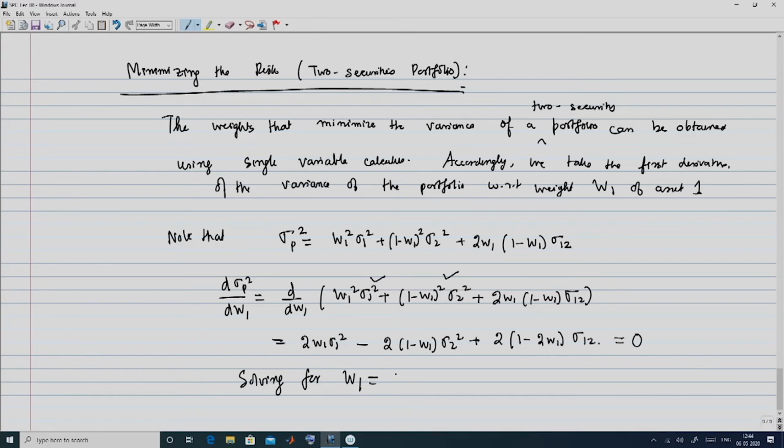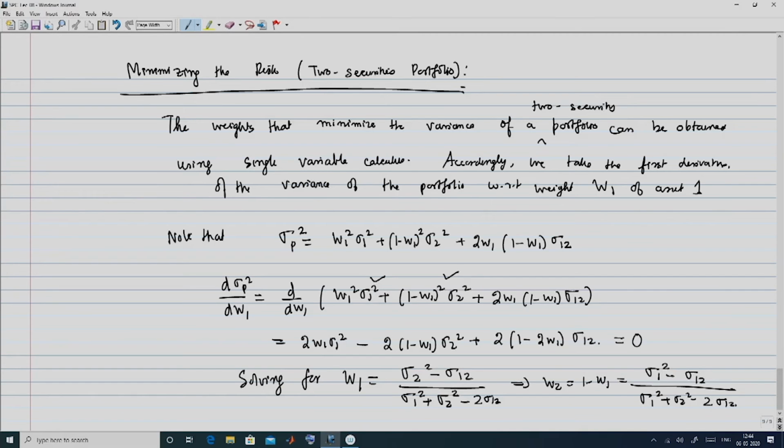We can get that this is equal to (σ2² minus σ12) by (σ1² plus σ2² minus 2 σ12), which implies that W2, which is 1 minus W1, is going to be (σ1² minus σ12) divided by (σ1² plus σ2² minus 2 σ12).